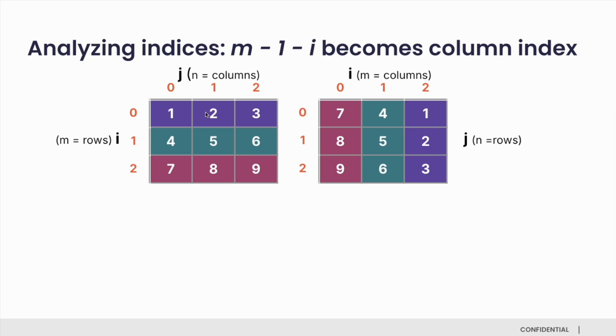There's a couple observations we see here. Row 1, which is in index 0, is flipping to be a column, and now all of these numbers are in index 2. So they've reversed. They used to be in 0, now they're in 2. Now you have row 2, 4, 5, and 6 in index 1. When you flip that, it stays in index 1 because it's right in the middle. And last, we have the final row, row 3, 7, 8, 9.